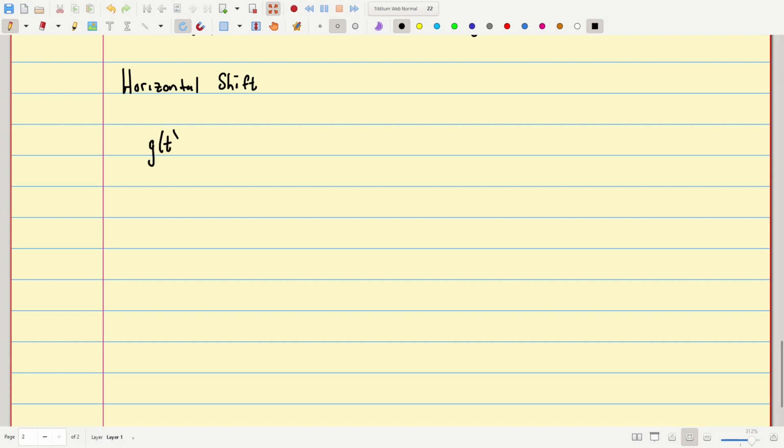If I have a function g of t that is piecewise defined and it is 0 for values of t less than c and equal to a shifted function for values of t greater than or equal to c, it's going to turn out that this is equivalent to this expression here.